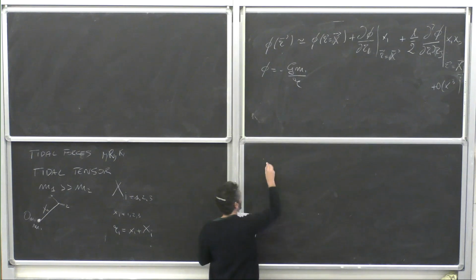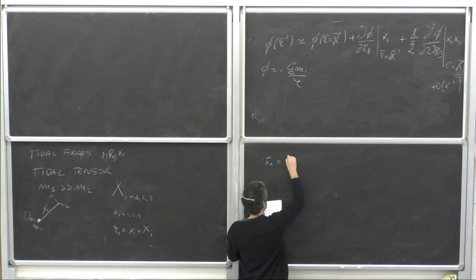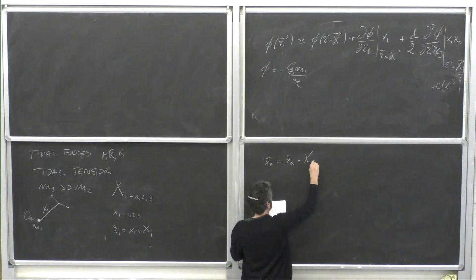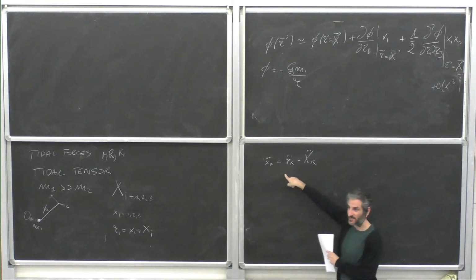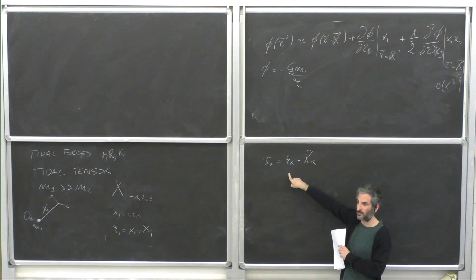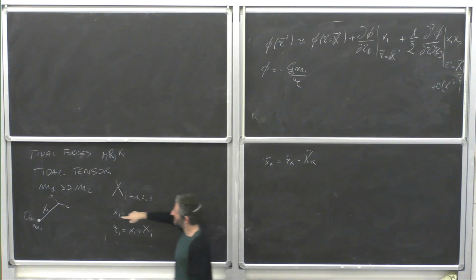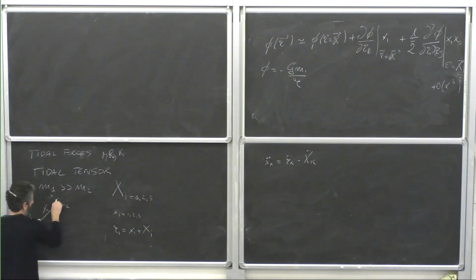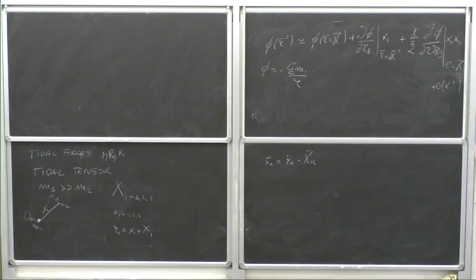What I want to study is, again, the relative acceleration between the two particles. This is small x, and because of tidal forces, what I want to understand is the relative acceleration between the two because of the tidal field.